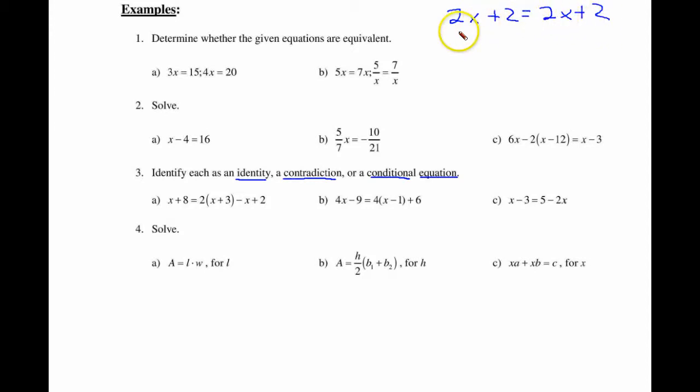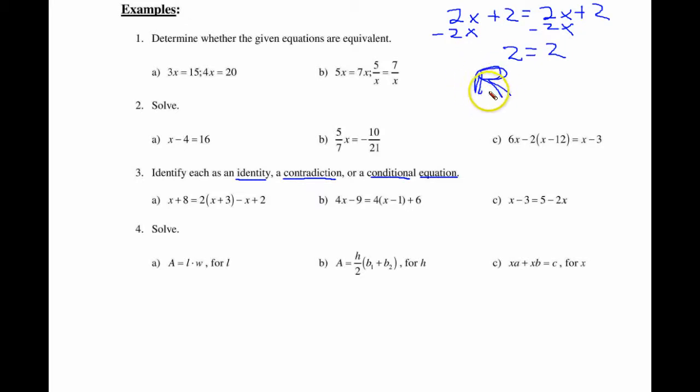If you go to solve it and you subtract out, let's say the 2x from both sides, you then get 2 equals 2. Is that true? Yes. So when you are doing an equation and something like this happens, that you get a true statement, the letters are gone, then this is an identity, and the answer to an identity is that it is all real numbers.